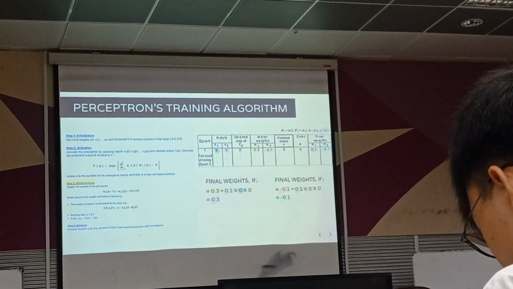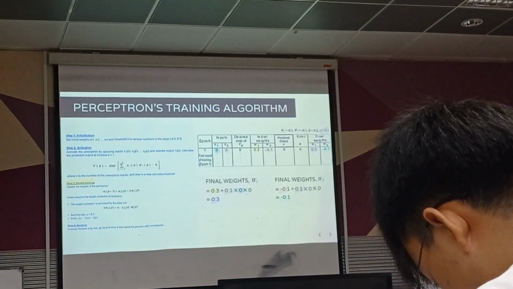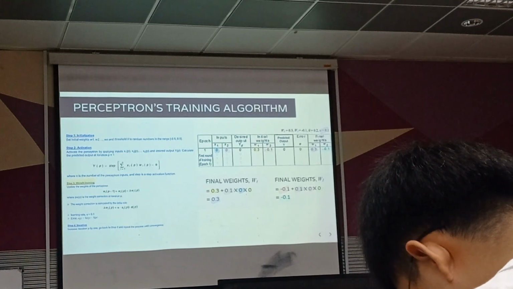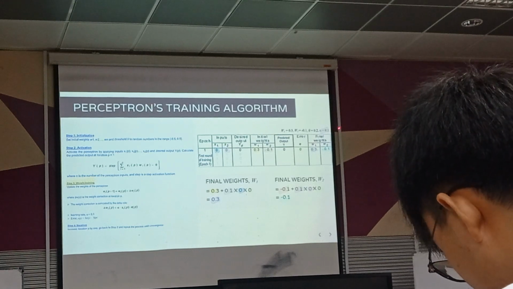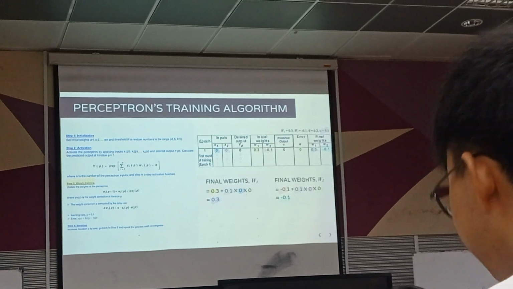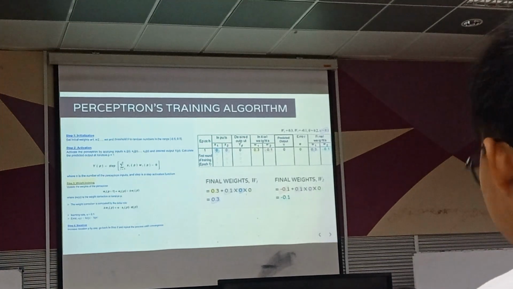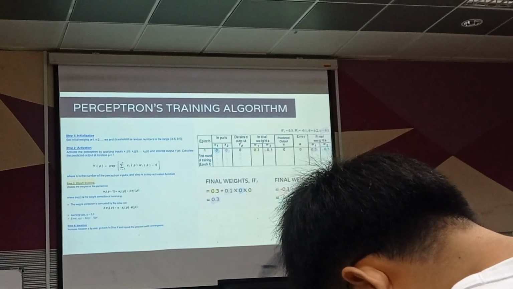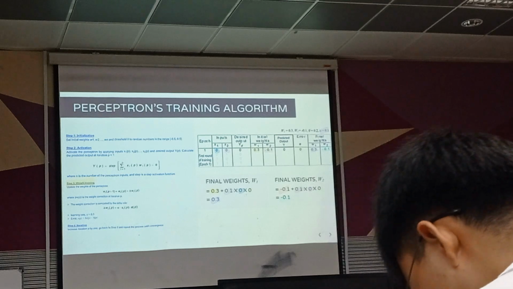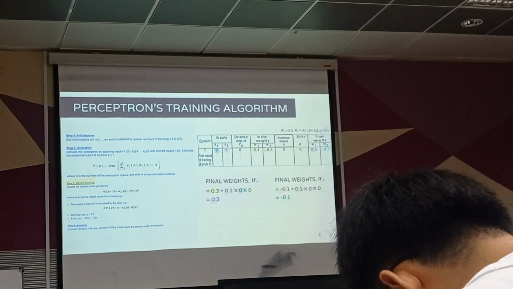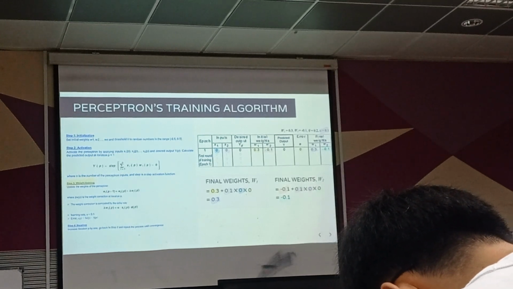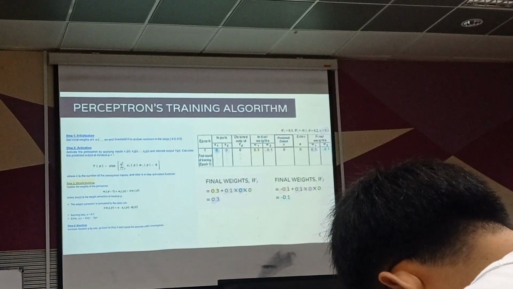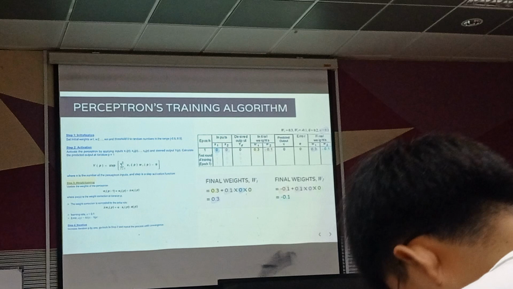Okay, so what is the old W? 0.3. What is the alpha? The learning rate is a constant given as 0.1. In the practicals, when you build it, normally we set 0.1 as well. So what is the input? 0. What is the error? 0. So 0.3 plus 0.1 multiply 0, you will get 0.3.